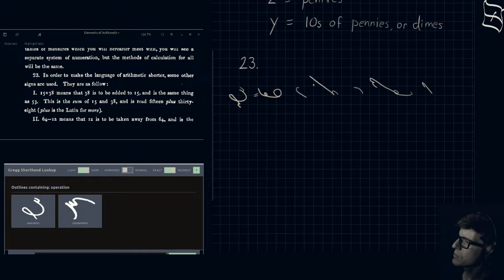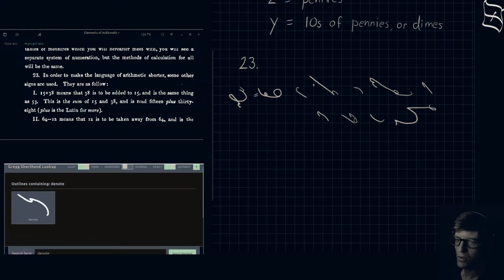To reduce the wording for arithmetic operations, certain key symbols are used to denote. Let's look up the word denote.